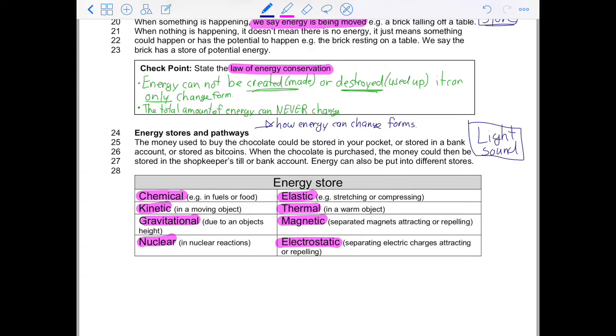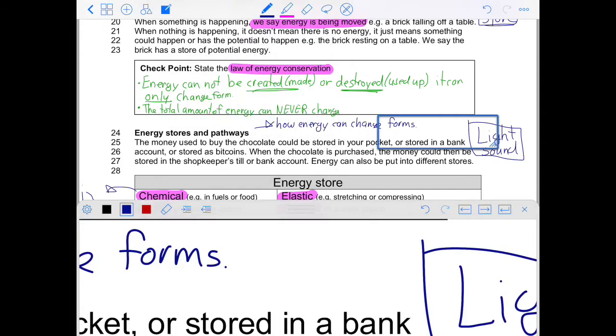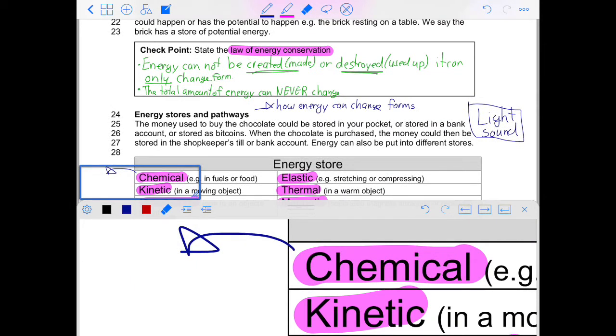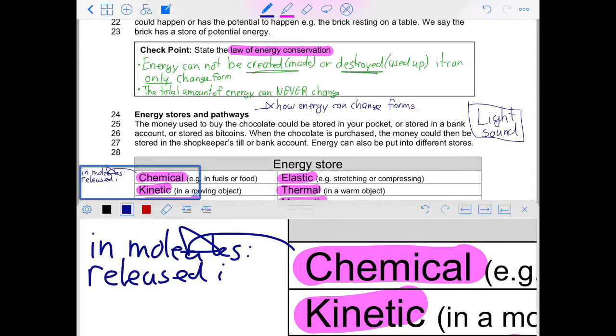So chemical energy is what we find in fuels or food. It is actually stored in molecules. It's released in a chemical reaction, which is why we call it chemical.